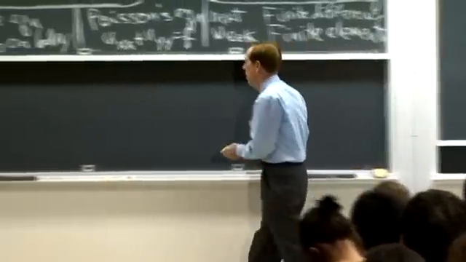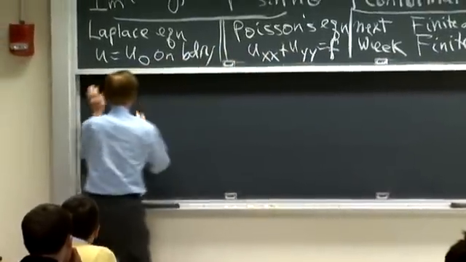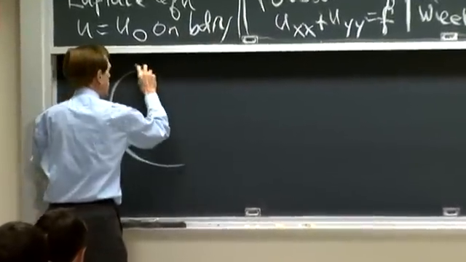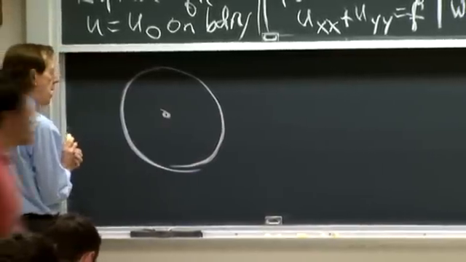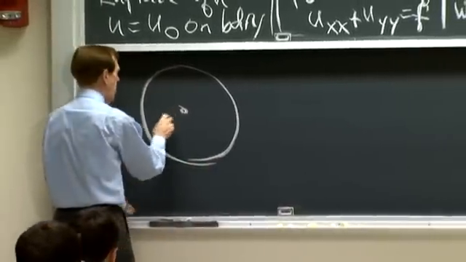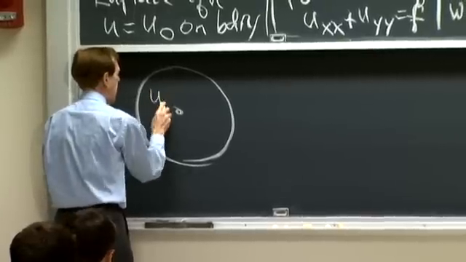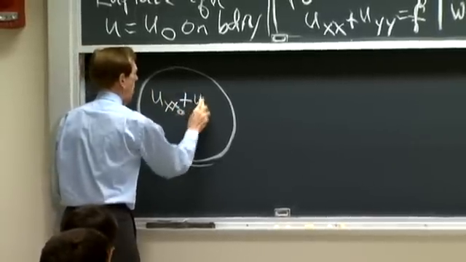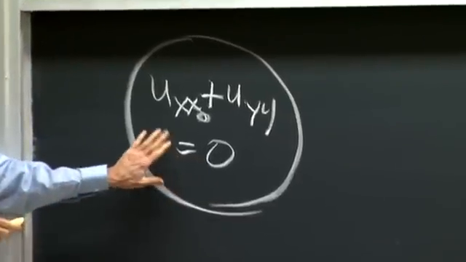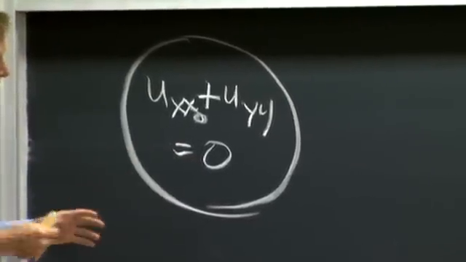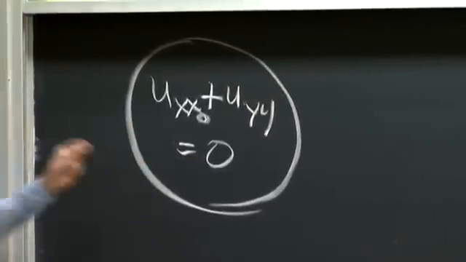Okay, so here's my circle. Might as well make it the unit circle. Radius 1. And inside here is Laplace: uxx plus uyy equals 0. No sources inside.